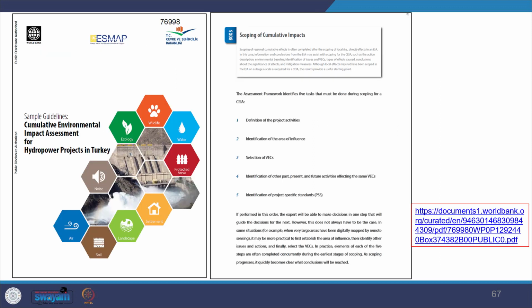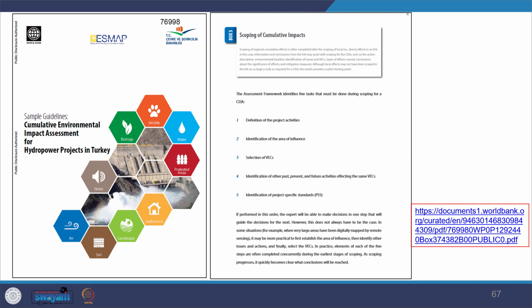And then again, you see from the sample guidelines what they say about scoping of cumulative impact. In the scoping stage, you need to define the project activities. So you need to tell what's going to happen in your project activities. And then you need to do the identification of the area of influence. So you need to find out how much area you're going to take, and which VECs you're going to cover.